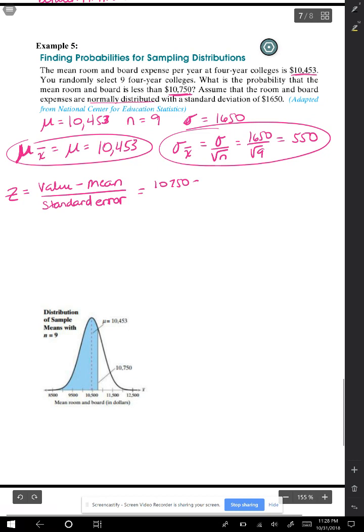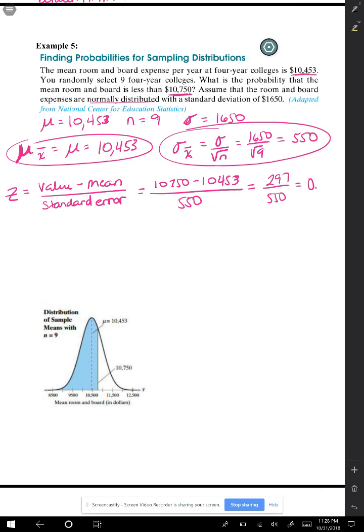We're going to subtract from that the mean, which is the 10,453, and divide that by the standard error, which is the standard deviation of the sample means, which is 550. So we already have all the numbers we need when we get down here. That's why we found these at the beginning. Okay, so we do this, and this comes out to 297 over 550, which is exactly equal to 0.54.